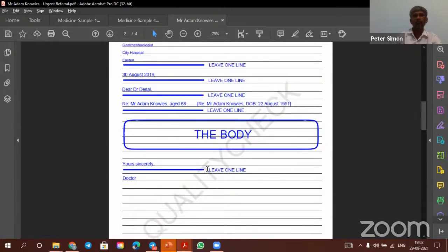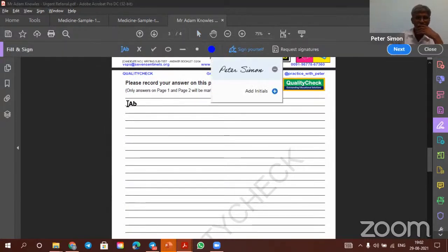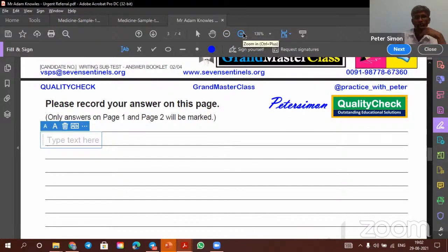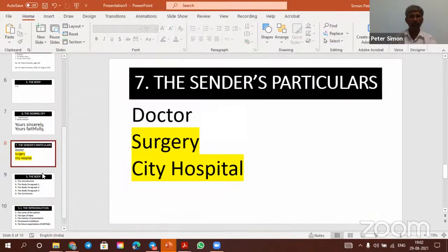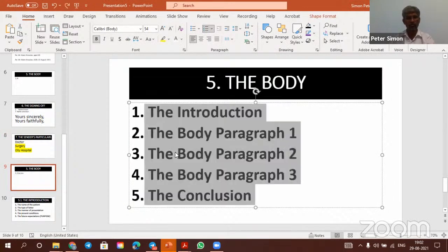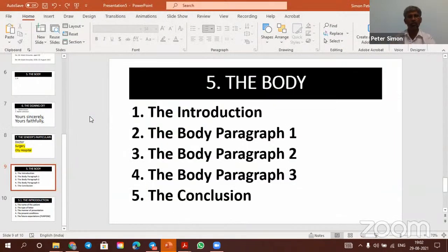Right. Now the body will be written here, on the second page. Body of the letter will take here. Right, body of the letter. Fine, what are the five factors? Now let us take them. We already saw this body. These are the five body paragraphs.